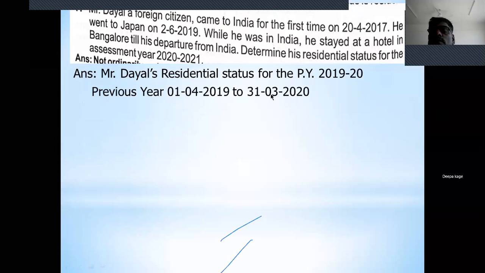In this case, you have to take down 11 financial years in a descending order from your previous year. Previous year is from 1/4/2019 to 31st March 2020.